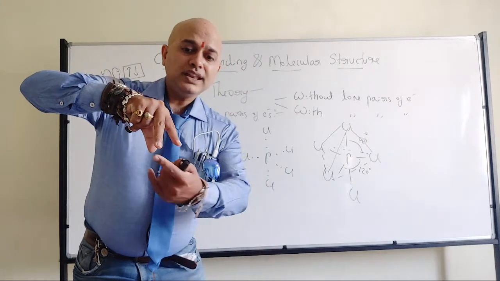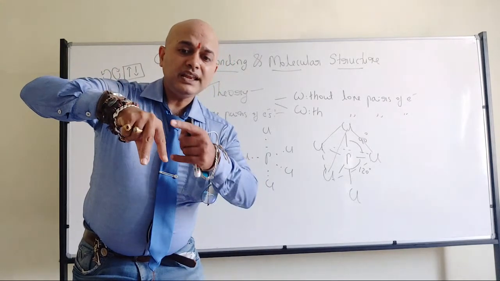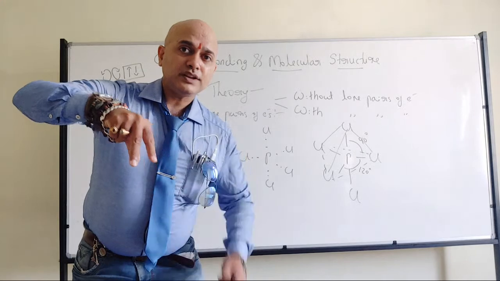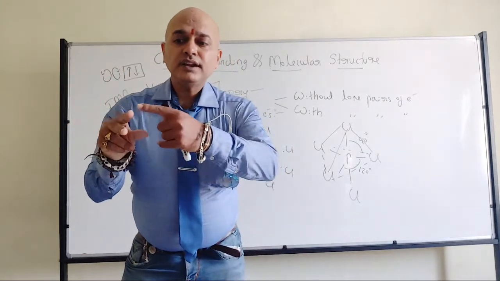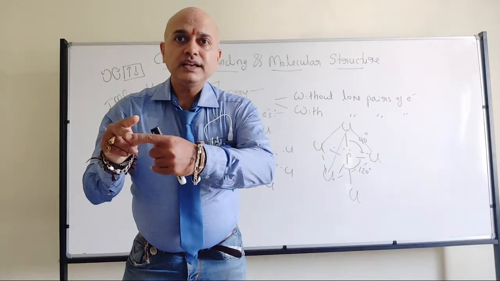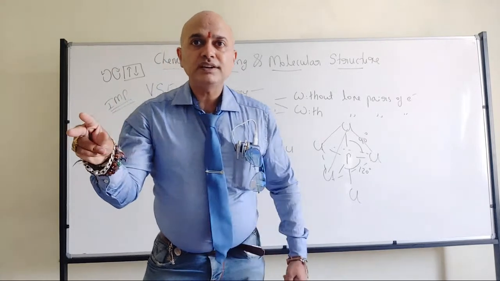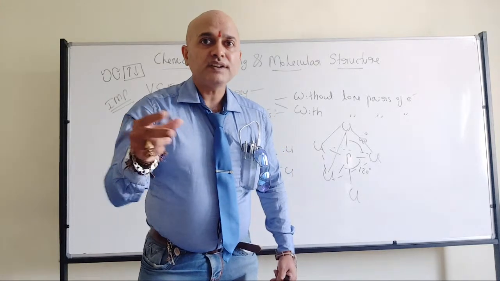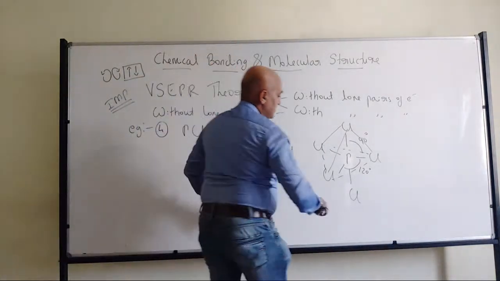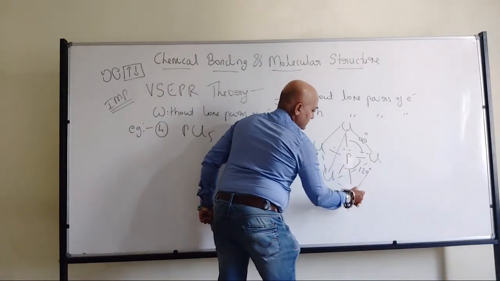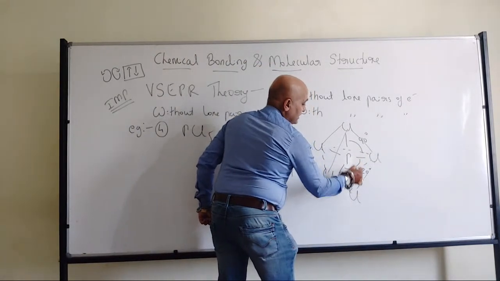So one chlorine, another chlorine, another chlorine, and here another chlorine. So it looks like a pyramid with a trigonal base. Do you all understand? So there are two tips. One is here and another one is here.